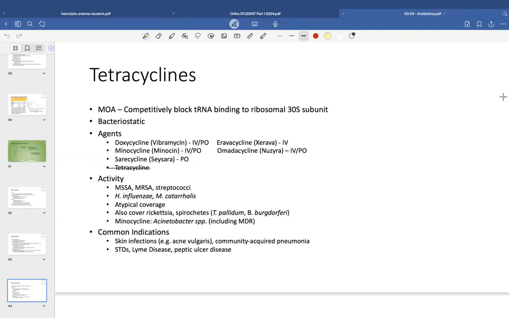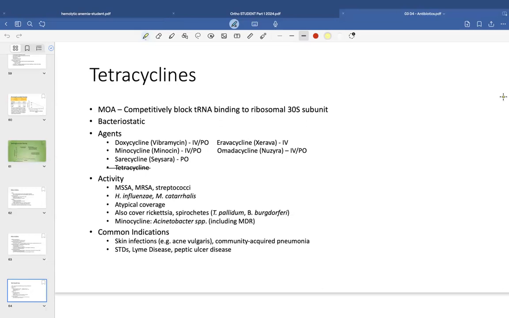Again, broader spectrum coverage, gets your atypicals, spirochetes, even some of the tougher gram negatives like Acinetobacter and multi-drug resistant Acinetobacter. Doxy and minocycline, you'll see a lot for acne, just as daily prophylaxis, low doses.